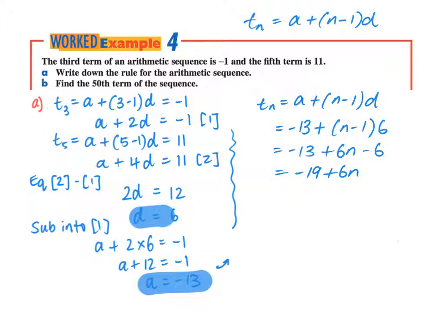If we go to question B, find the 50th term in the sequence. So it's no coincidence that it's actually asked us a question that's based on the previous one.